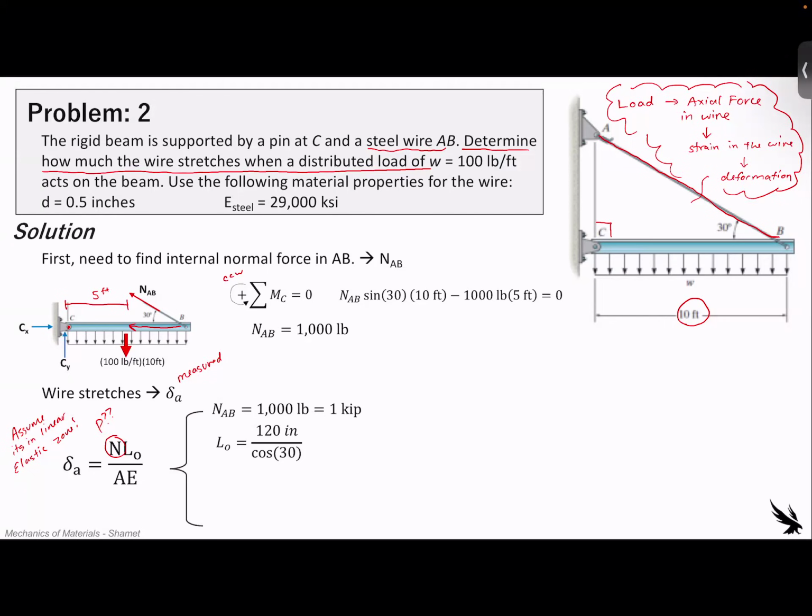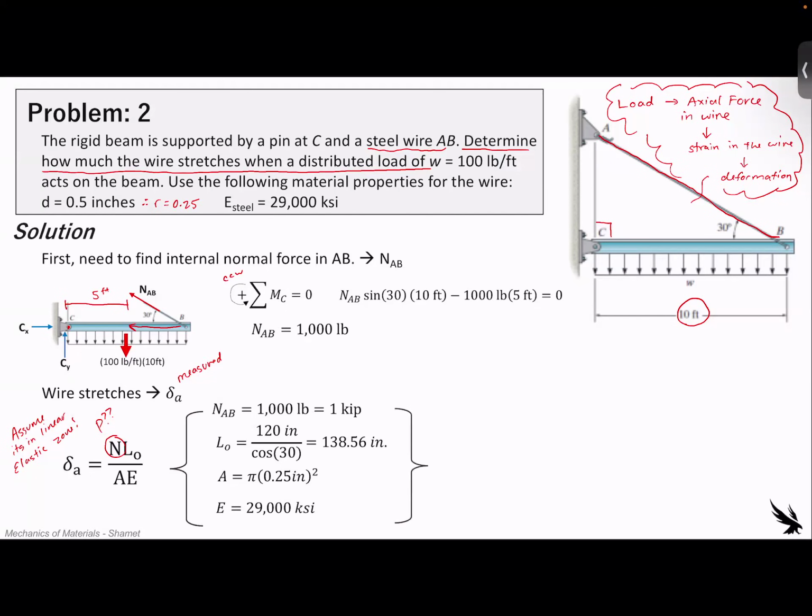This is going to be 138.56 inches. The cross-sectional area of the wire: since the diameter is 0.5 inches, the radius is 0.25. The area of a circle is pi r squared, so that's where that equation is coming from. And then the Young's modulus, which is given to us, of 2,900 KSI. So these are all the things for it.